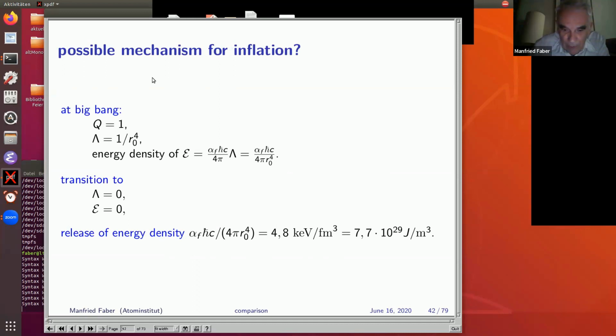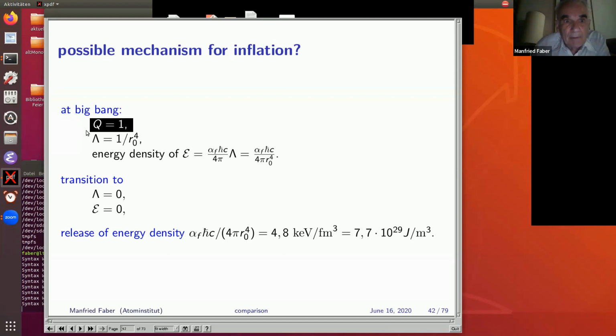So now I come to some other phenomena which may be interesting. This model can offer a possible mechanism for inflation. At the Big Bang, or after the Big Bang, it may happen the following: that we started with a trivial Q field, which everywhere in the universe was a unit matrix.